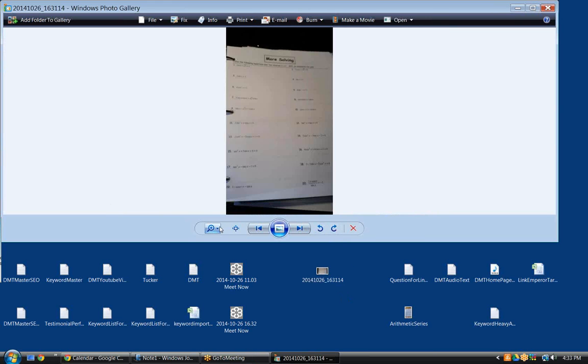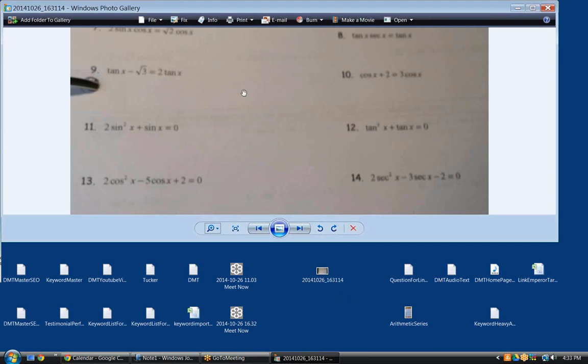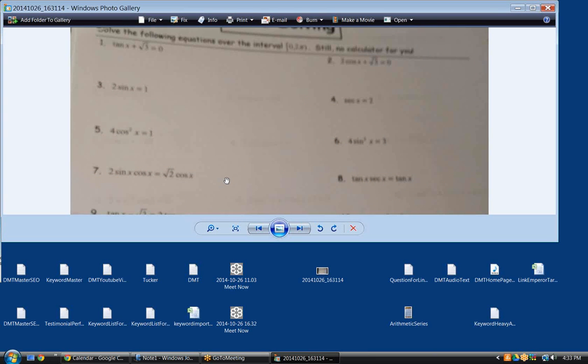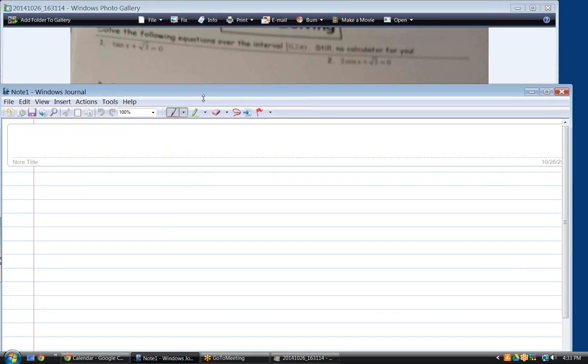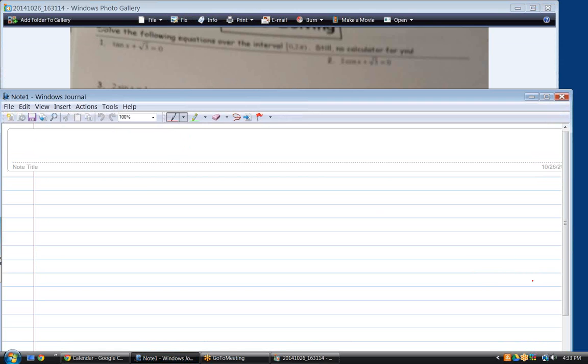Oh, one sheet, but lots of problems on it. All right, I think I can make these out. You may have to elaborate a little bit. Let's see, the top says over the interval 0 to 2 pi, right? No calculator? Still no calculator for you.